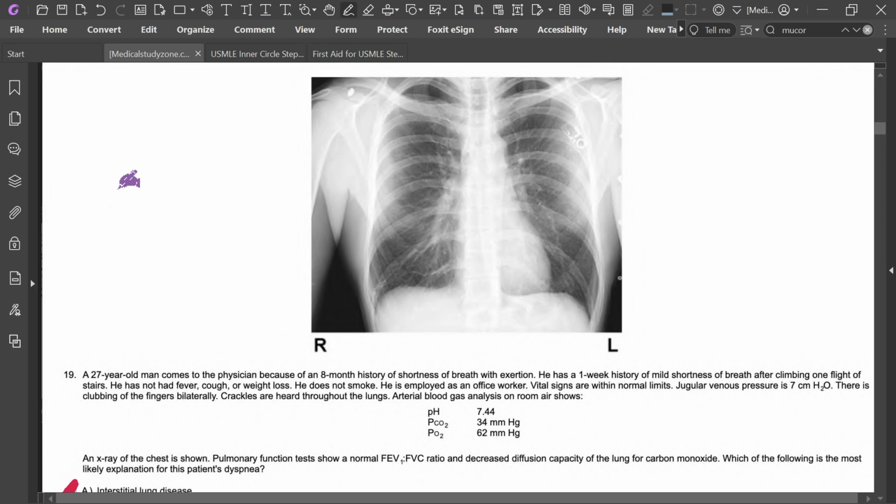Okay, this patient's presentation is consistent with ILD, interstitial lung disease. In ILD, there may be fine crackles present in both lungs. ILD encompasses a heterogeneous group of disorders that result in progressive pulmonary fibrosis and impaired lung function.